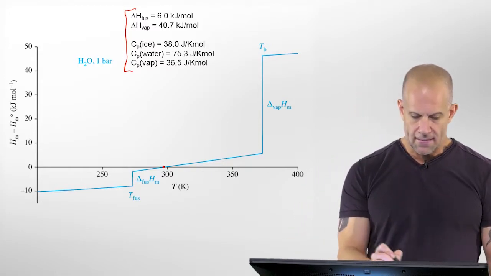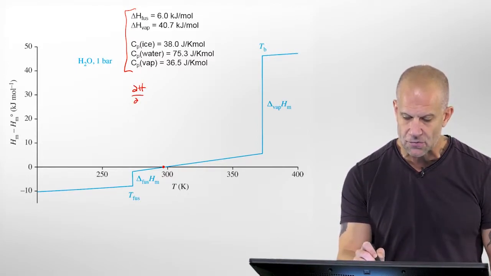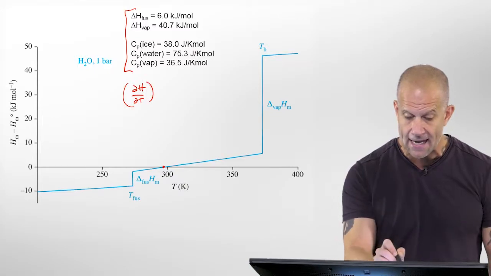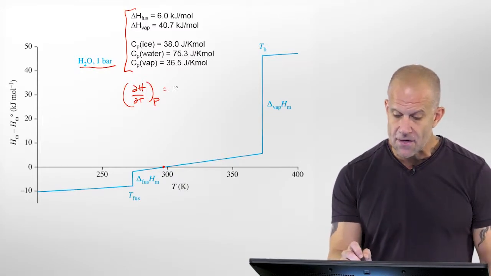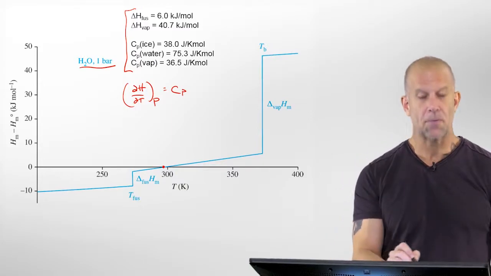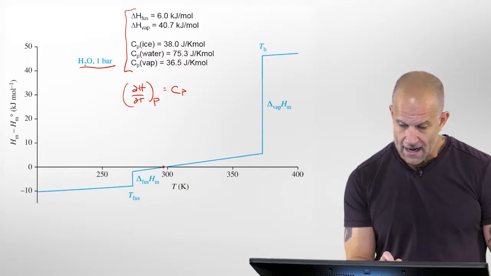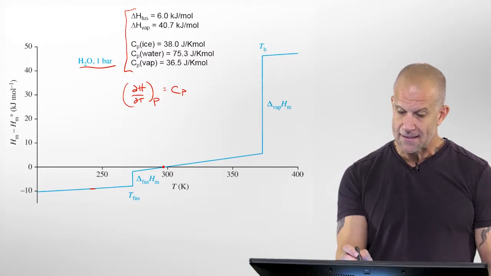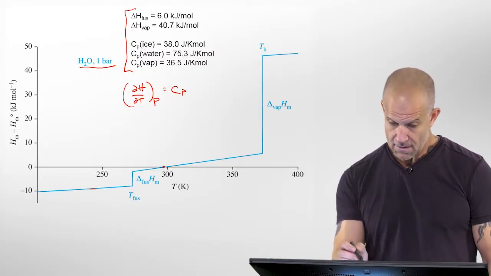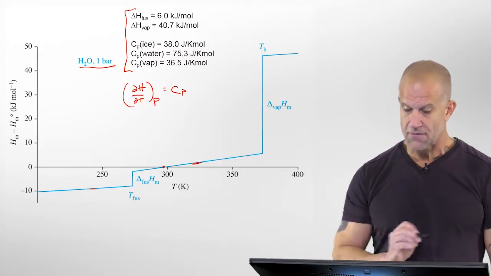So really what the heat capacity is giving you is how the enthalpy changes with temperature, and this is at constant pressure, right? So it's giving you this slope. And we can even see that for ice, you have a specific slope here. And because the heat capacity is larger for water, roughly a factor of 2, the slope is a factor of 2 more.